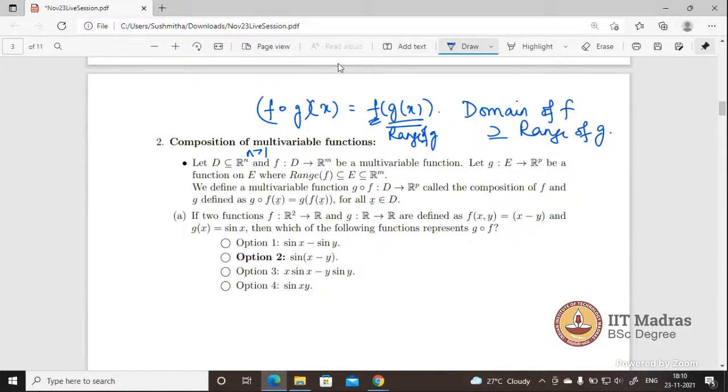If m is greater than 1, it's going to be vector valued. Okay, so I have a function f like this, and then I have another function g, which is defined from E to Rp. This p may be equal to m, may be different from n, anything is possible. So g is defined from E to Rp, and it is a function where the range of f is contained in E.